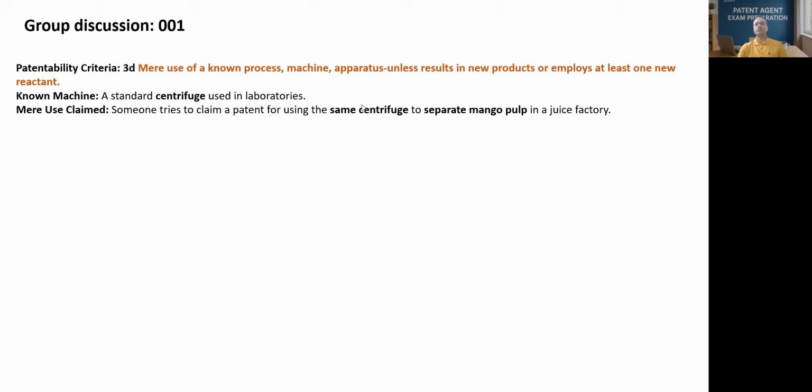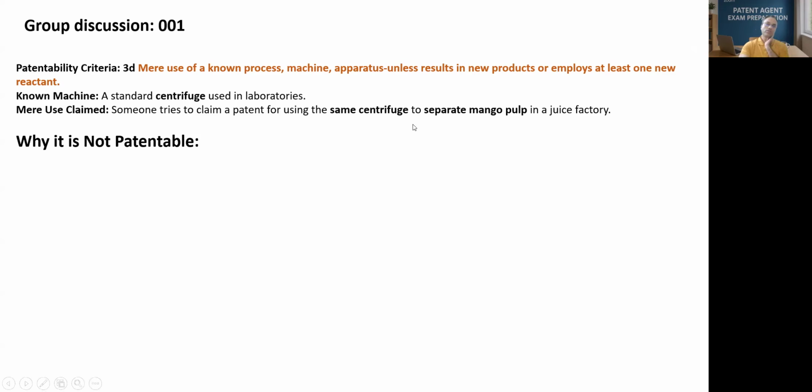No, sir. Good. So is it patentable then? No, sir. Good. So this is the way you need to use your logic. So mere use of a known process machine apparatus unless it results in a new product. New product नहीं बन रहा है and does not employ a new reactant. तो इसलिए patentable नहीं है.